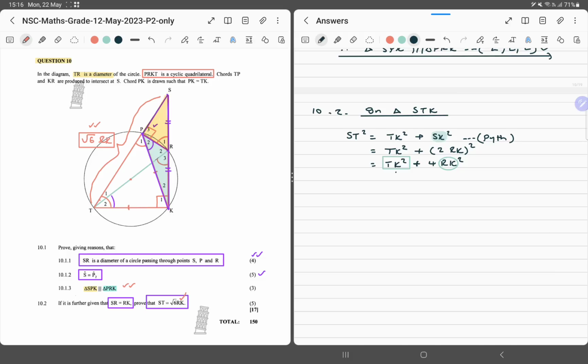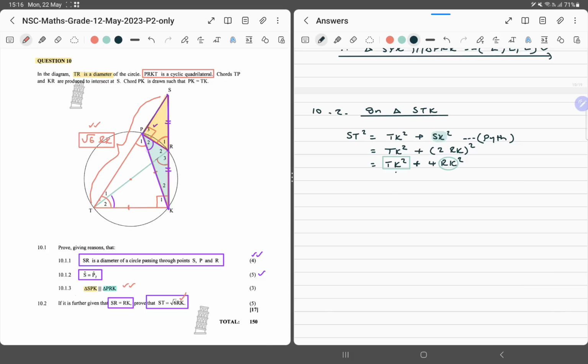The answer is yes, because PK is equal to TK, is it not? Because it was given. So we can use PK to substitute for TK. Nice and easy.